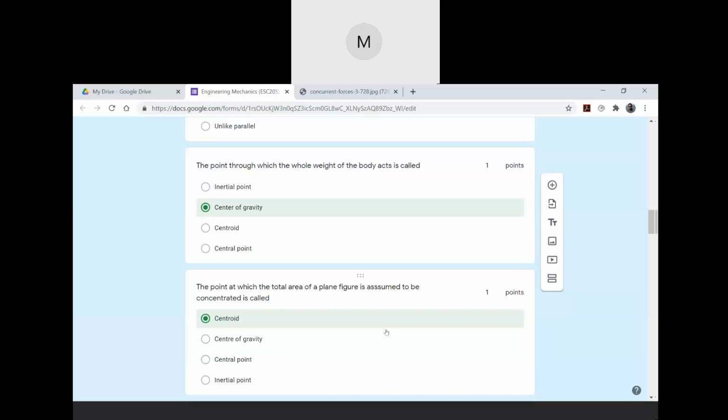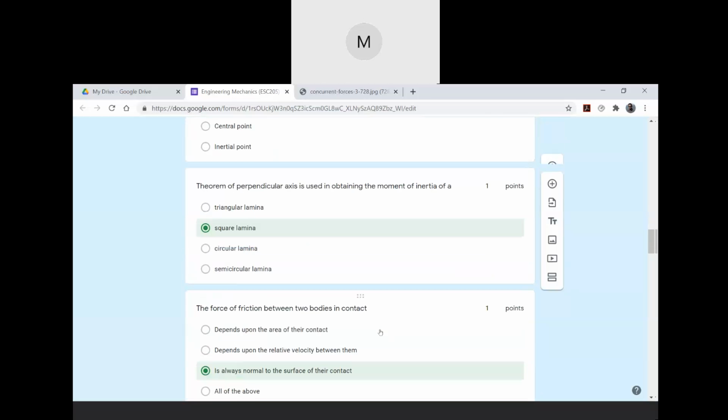In the centroid, the total area of the plane figure is assumed to be concentrated. The main difference is that the center of gravity is basically for a three-dimensional thing. But when it is a plane figure, a two-dimensional thing like a triangle, square, circle, or rectangle, then we go for the centroid. But if it is a sphere, a trapezium, or a cube, then we go for the center of gravity. Just don't get confused.